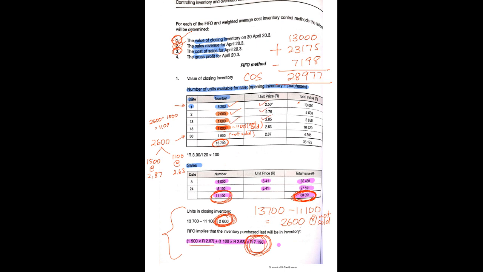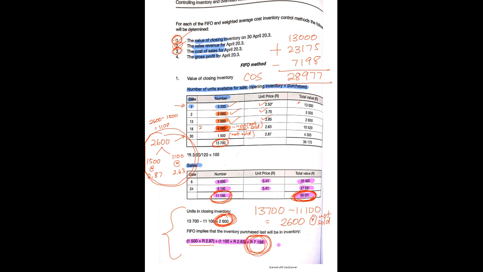And from this last one, 4,000 units was what was available to be sold, but we had 1,100 that was not sold. Remember, we did this calculation on the side, which means 2,900 was actually sold.